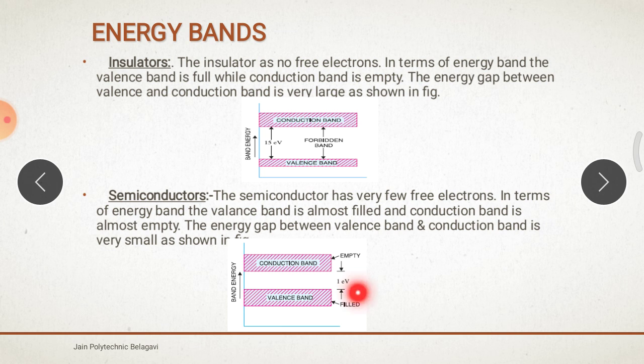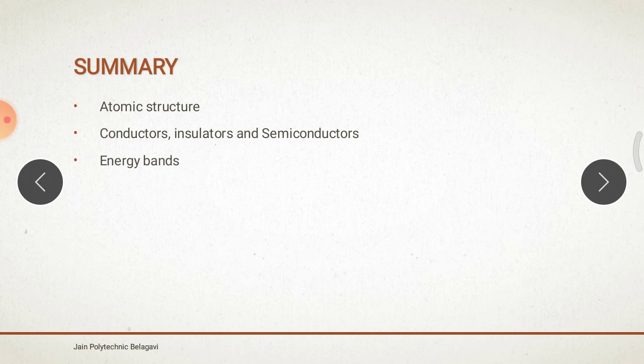So if you give some amount of energy, these electrons can go to the conduction band and conduction can take place in semiconductors. That is why I told you that at the start it does not conduct, it acts as an insulator for some voltage. After giving some voltage, silicon 0.7 and germanium 0.3, then conduction can take place. This is the energy band of conductors, insulators and semiconductors.